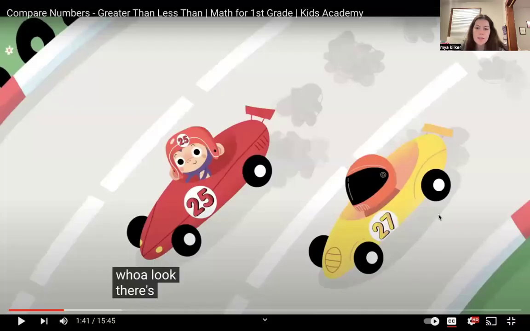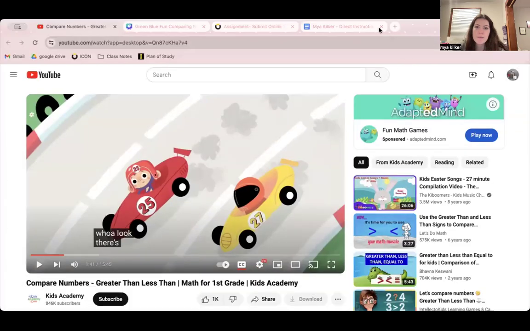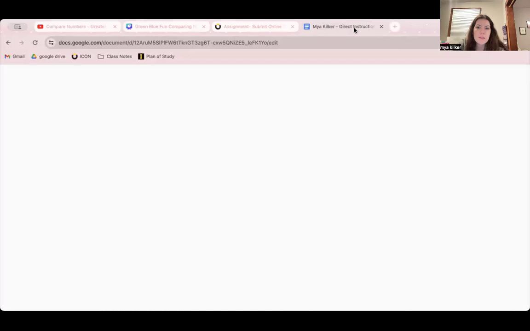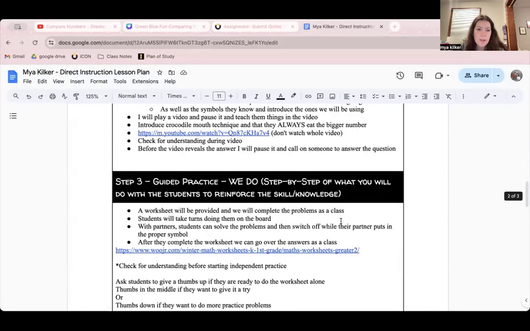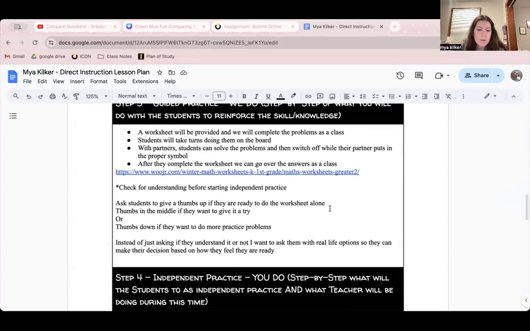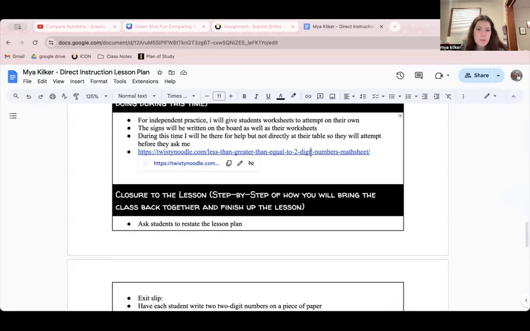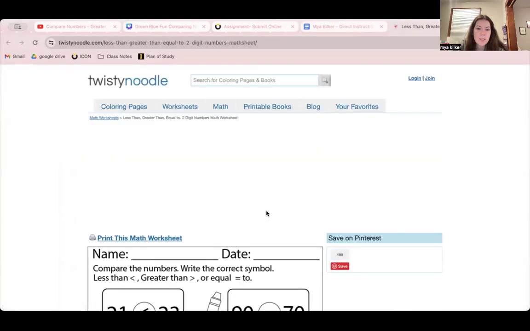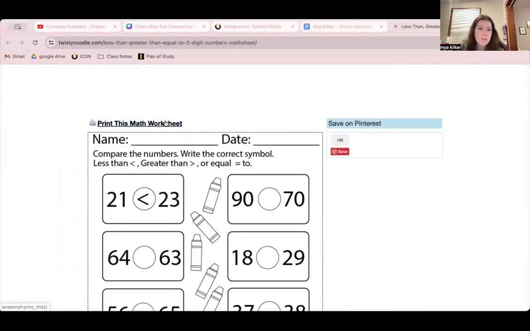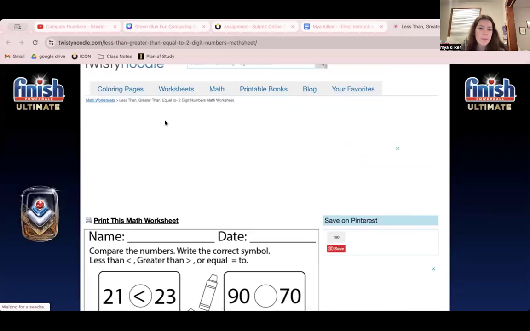I have a worksheet that we can go through. And this one is all 2 digits. So let's see if we can view this bigger.